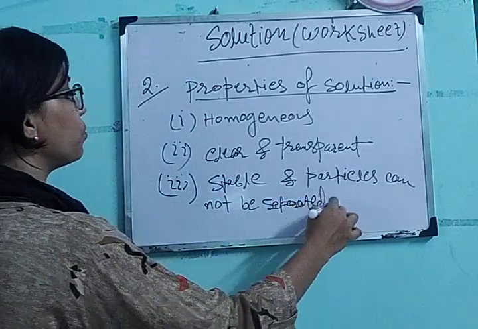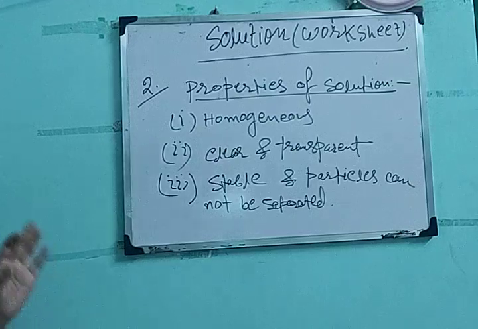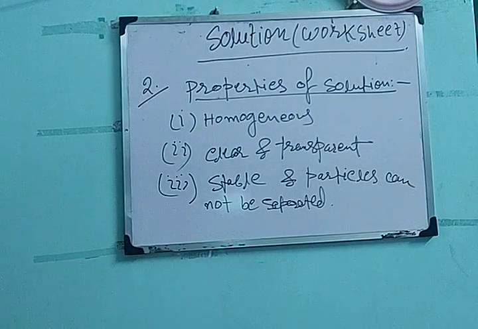Once you dissolve salt or sugar in water and make the solution, you cannot separate the salt and sugar particles from that solution. That means it is very stable. So this question 2 is completed.